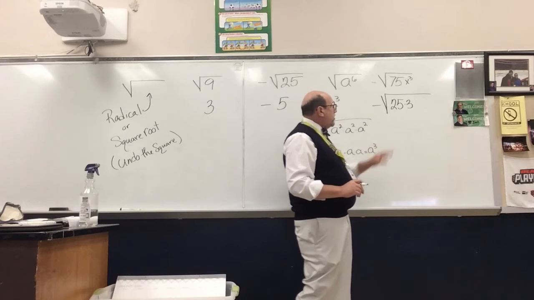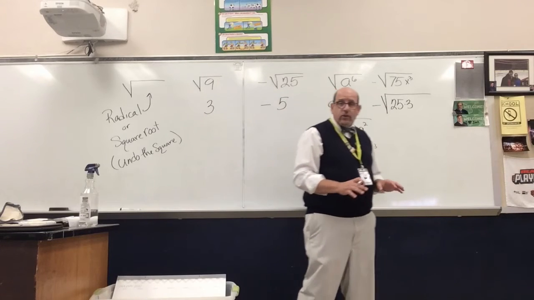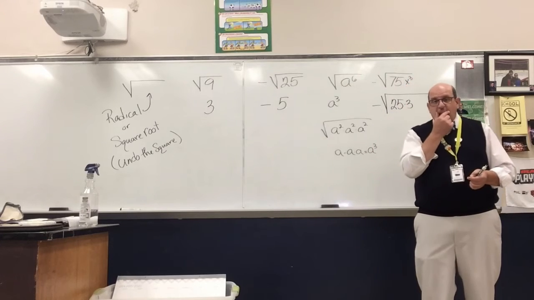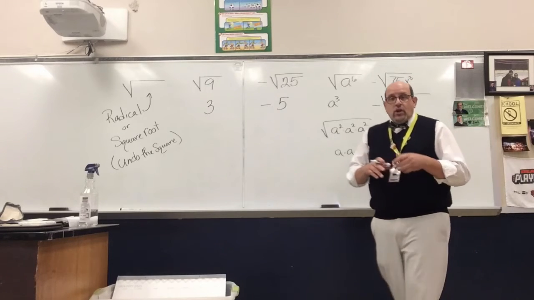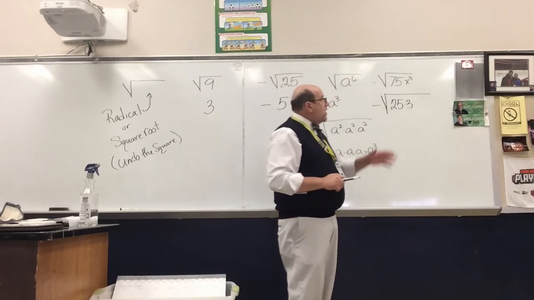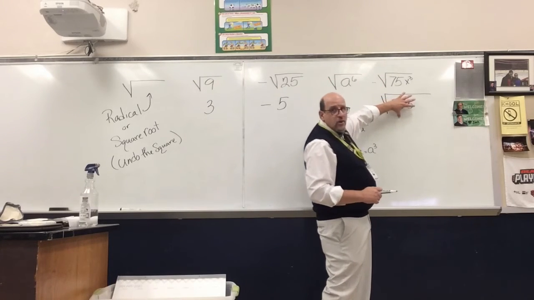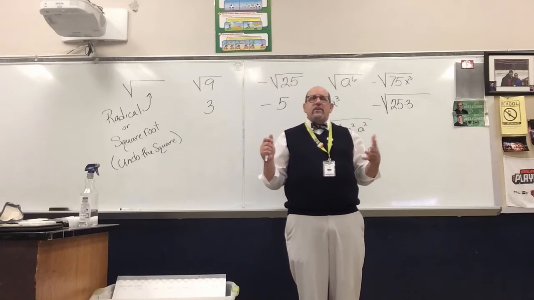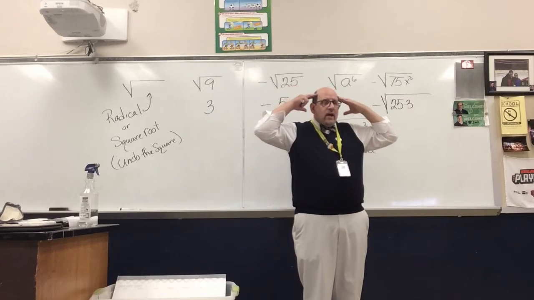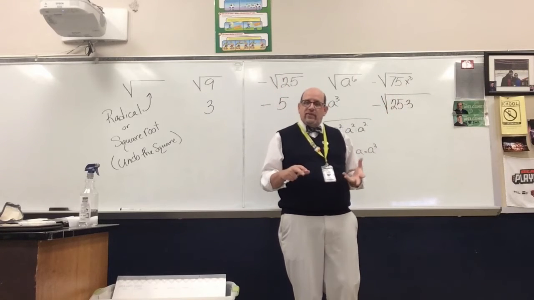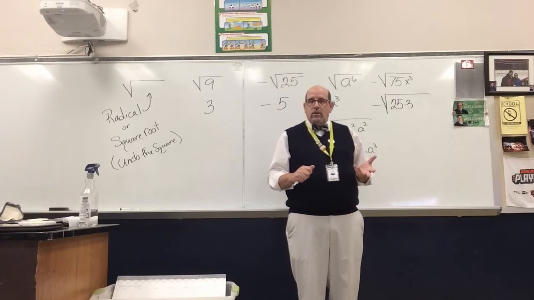Now let's move on to something that's a little bit more difficult. And this is the part that really starts to trip people up. Sometimes we don't see a perfect square there. When we look at 75, we're not really sure. What is 75? Well, 75, is there a perfect square in there? Is there a number that's a perfect square in there? And you say, I don't know.